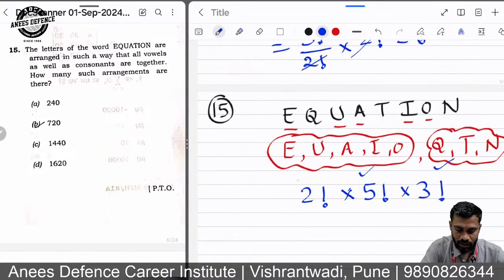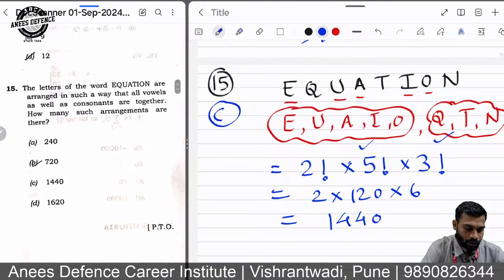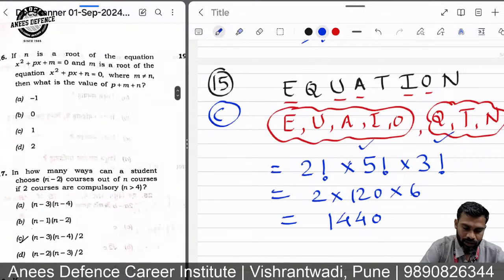So if you simplify this, you will get 2 into 120 into 6, that will give you 1440, which is option C. Now, let us move to the next question, number 16.